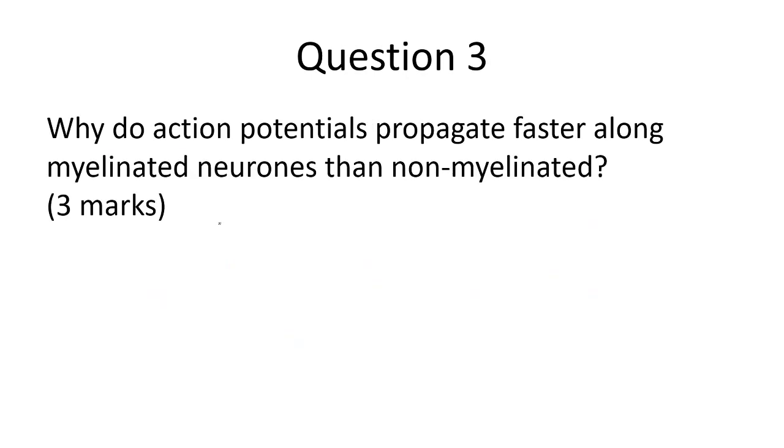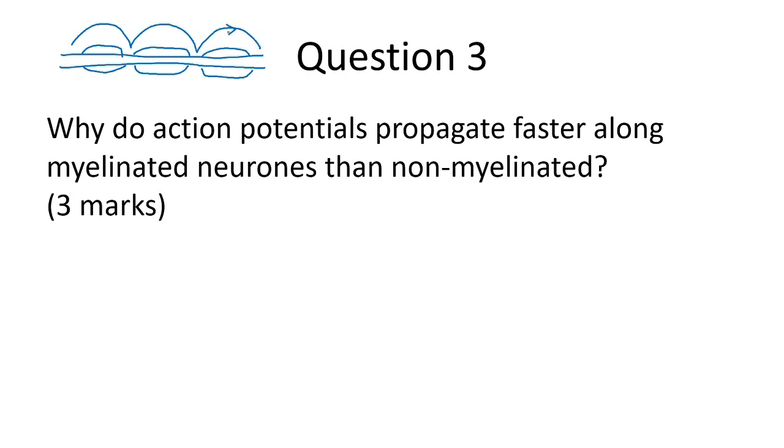So question 3 asked us, why do action potentials propagate faster along myelinated neurons than non-myelinated neurons? So remember, our myelinated neuron has the myelin sheath and then nodes of Ranvier in between the areas of the sheath. And the action potential is going to jump from node of Ranvier to node of Ranvier as it's being propagated along.